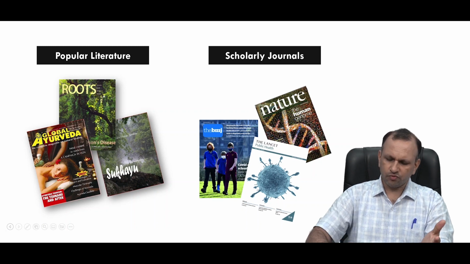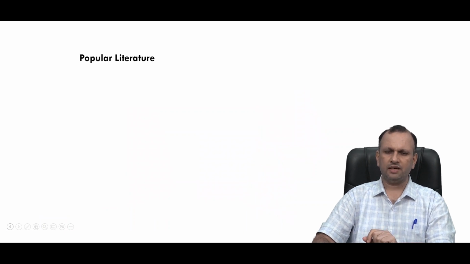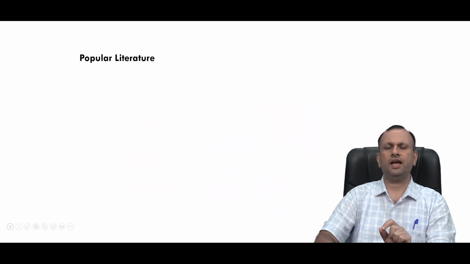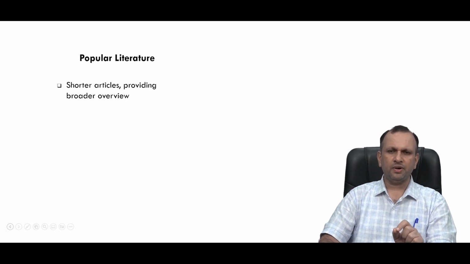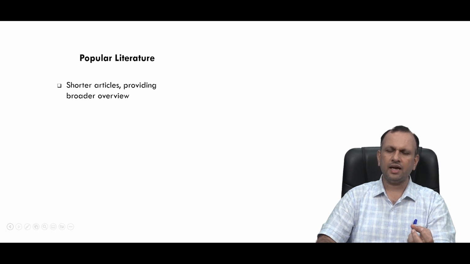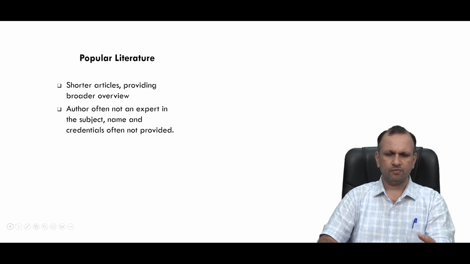Right? So there are a few more differences that one needs to identify to understand the differences between popular literature and scientific literature. Usually in popular literature, the weekly magazines, newsletters, and so on, cover shorter articles, and the articles often provide only a broader overview. Authors are usually not experts in the field.